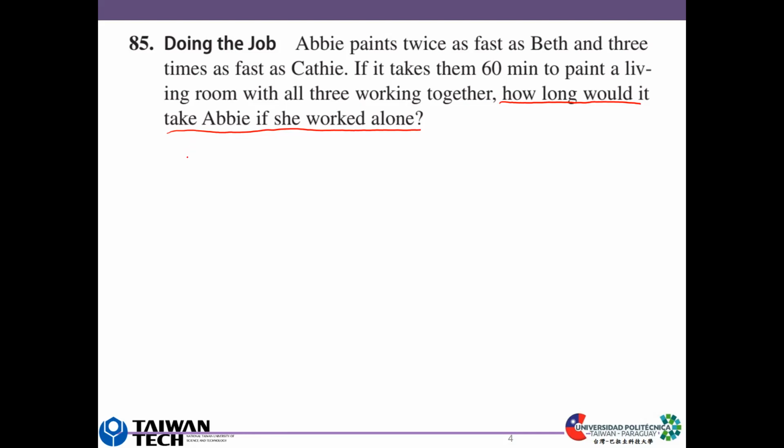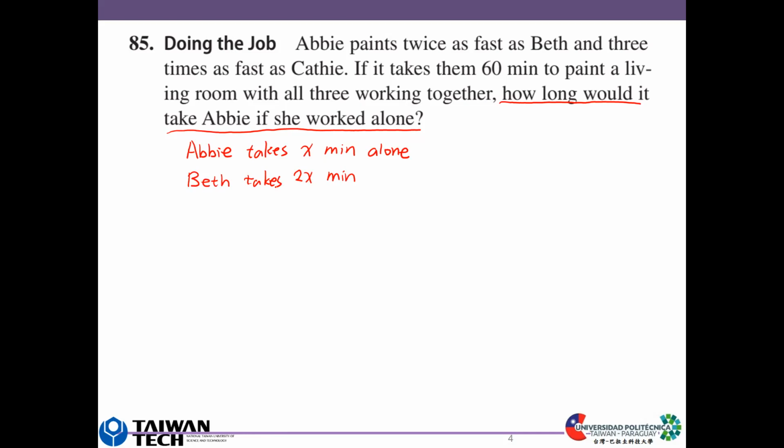So we just assume the variable as what the problem asks us. So we assume Abby takes x minutes to paint the whole living room alone. Since the problem says Abby paints twice as fast as Beth, if Beth is working alone, she will take 2 times x minutes to paint the whole living room, right?